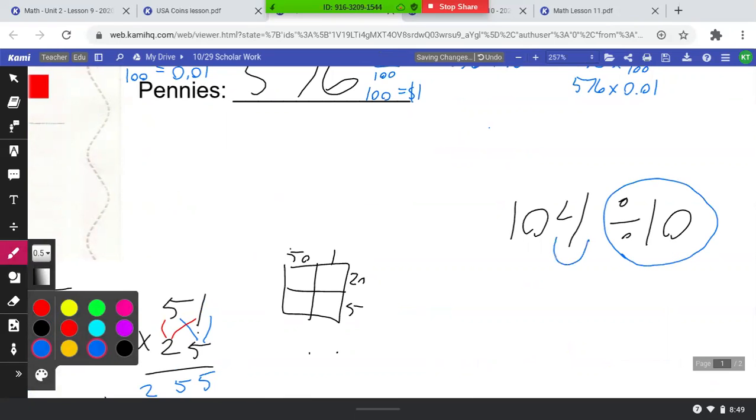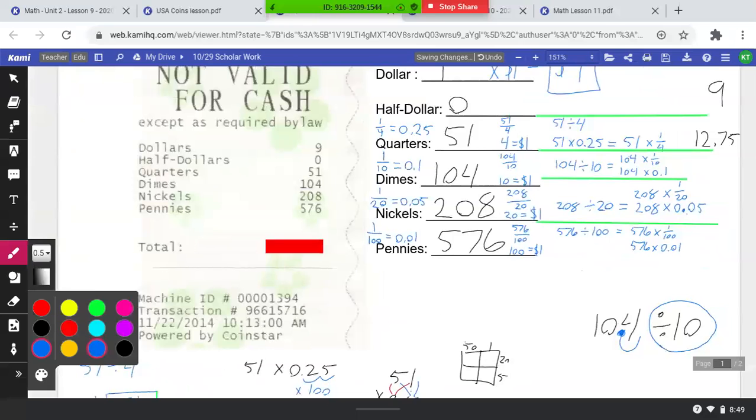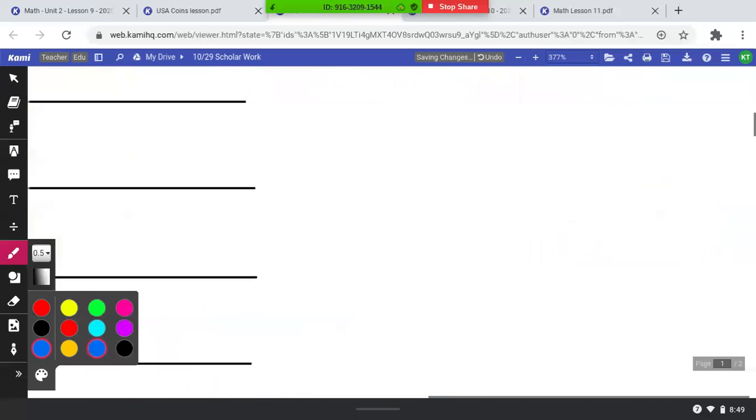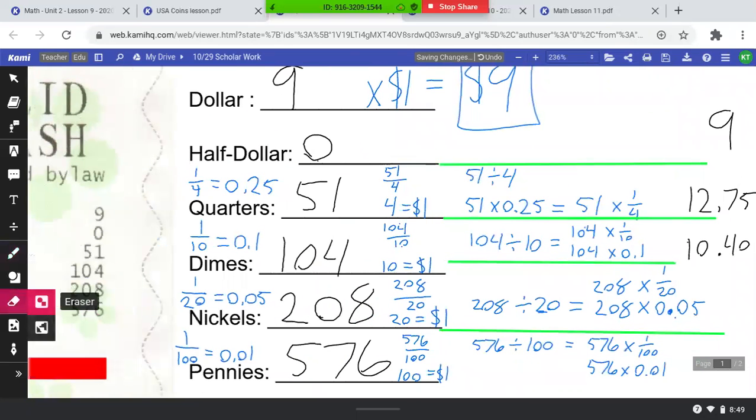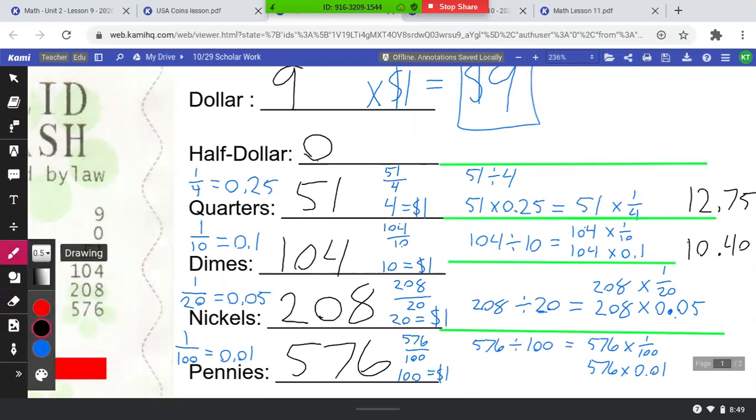So that decimal point is going to move right here. 104 dimes is going to equal $10.40. I'm getting all my numbers and values lined up so that I can add them easily at the end.